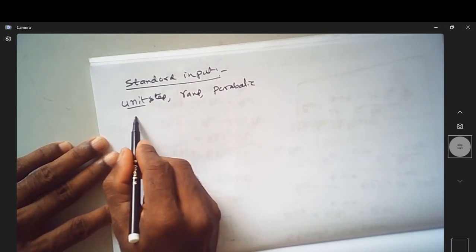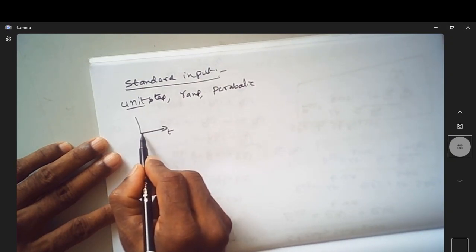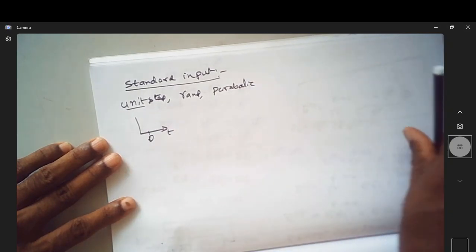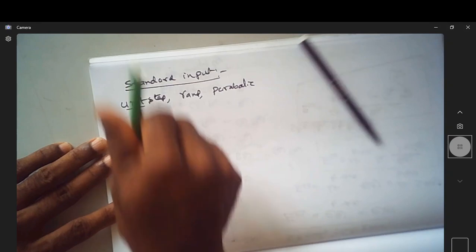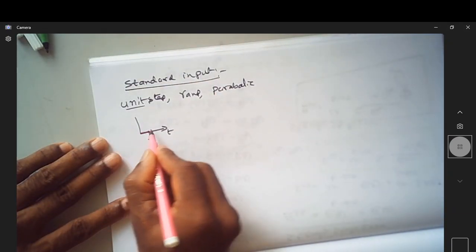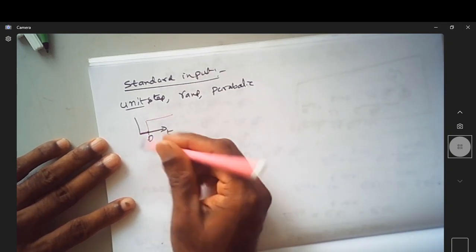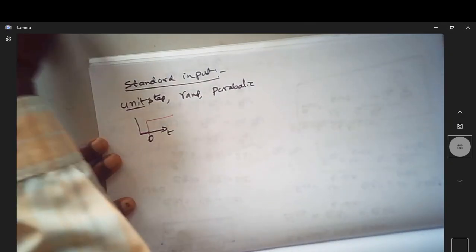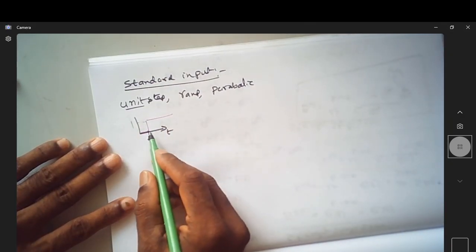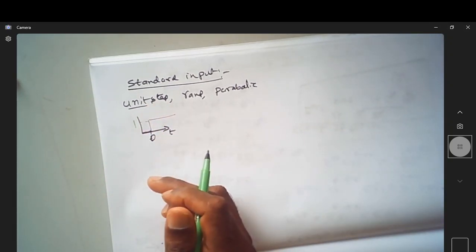When you say step input, it is with respect to time, so it will be like this. Suppose this is t equal to 0. Till t equal to 0, the magnitude will be 0. Afterwards it goes to a magnitude of some value x if it is some amplitude. If it is a unit step, then it is of magnitude 1. At t equal to 0 it is 0, and for t greater than 0 it is always 1 for a unit step input.